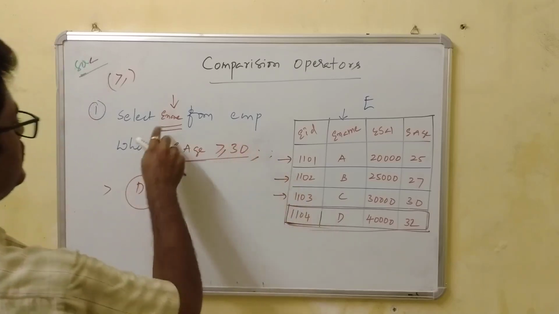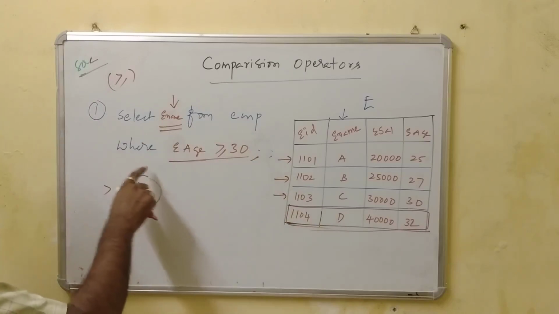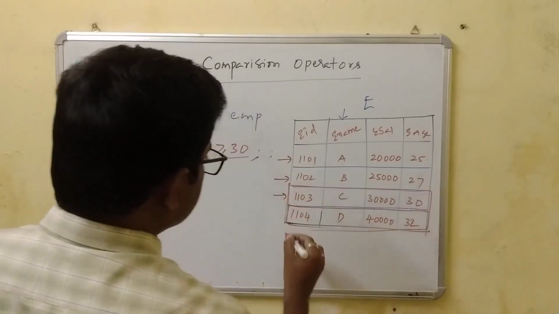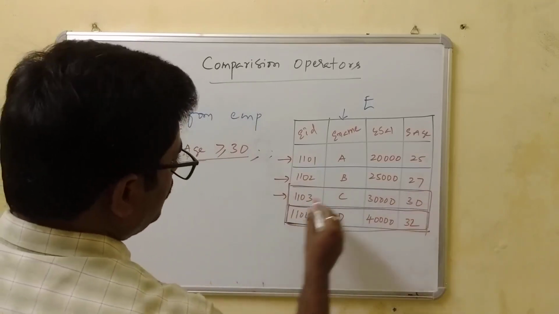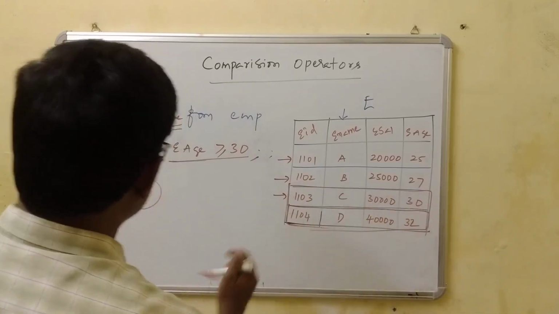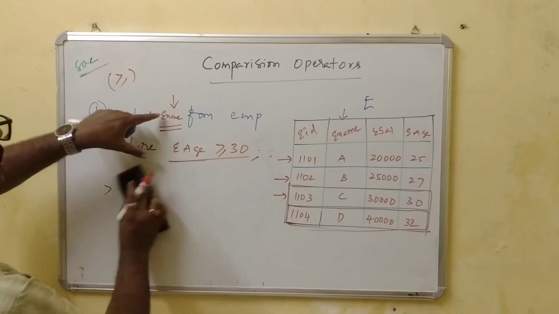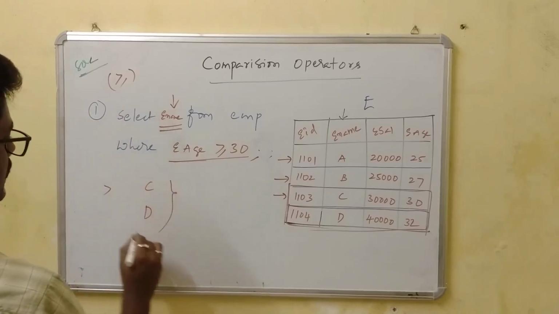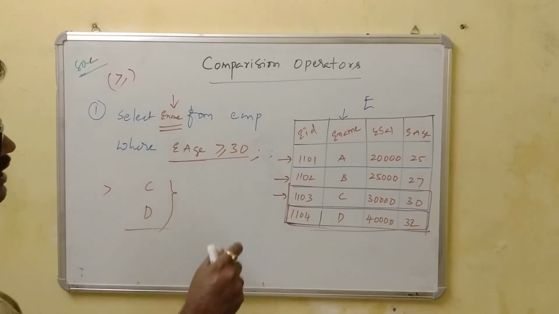So if I want to print the employee name from employee where age is greater than or equal to 30, 3 rows will be selected. Out of these 3 rows only names will be printed, because we are asking to fetch the details of the employee whose age is greater than or equal to 30.